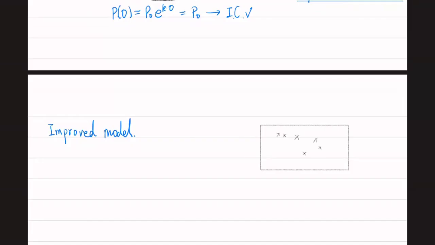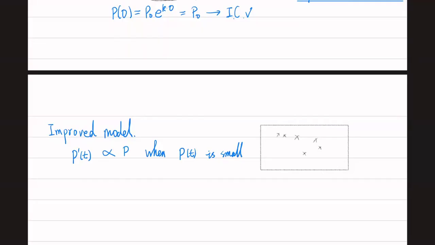So previously we assumed the derivative is proportional to P when this P is small. Now we make an additional assumption.